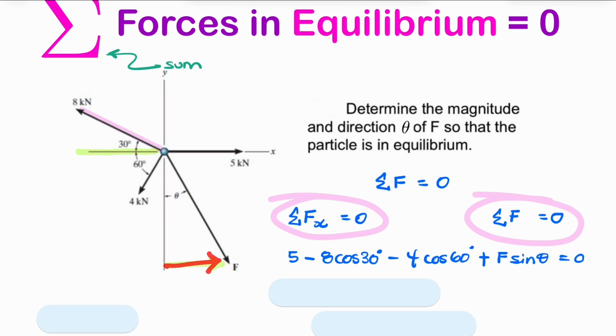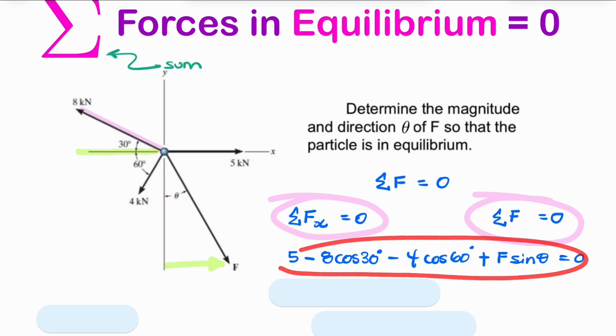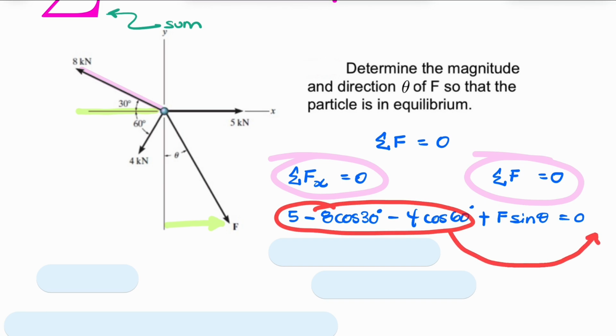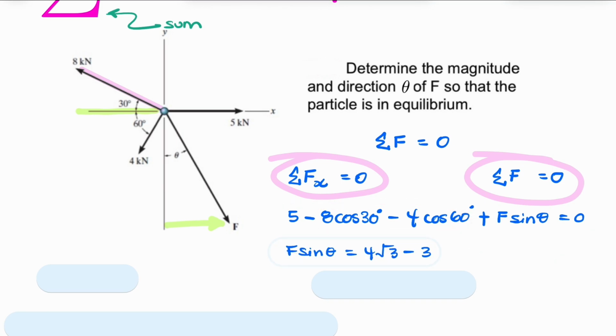Here, this horizontal component is opposite, so we say F sine theta. So here we have one equation. And because we know cosine 30 is root 3 over 2 and cosine 60 is half, that boils down into a single number that we can move to the other side, and that gives us our first equation.